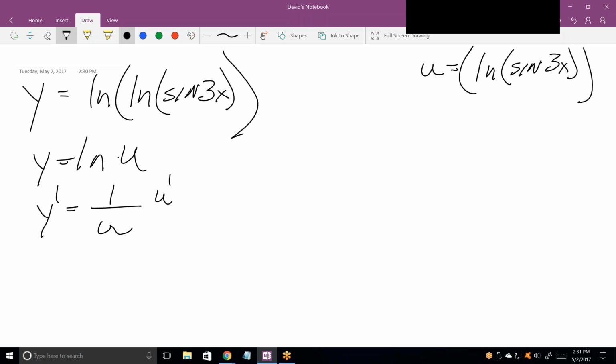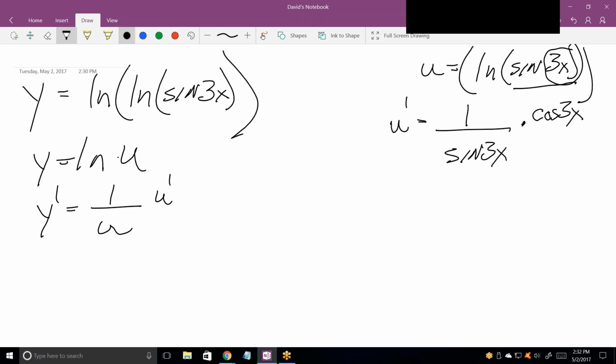So I know what u is. I'm going to go up here on the upper right and figure out what u prime is. U prime is going to be 1 over sine 3x times the derivative of that, which is cosine 3x. Not quite. We've got a further application of the chain rule. What's the derivative of that inside?